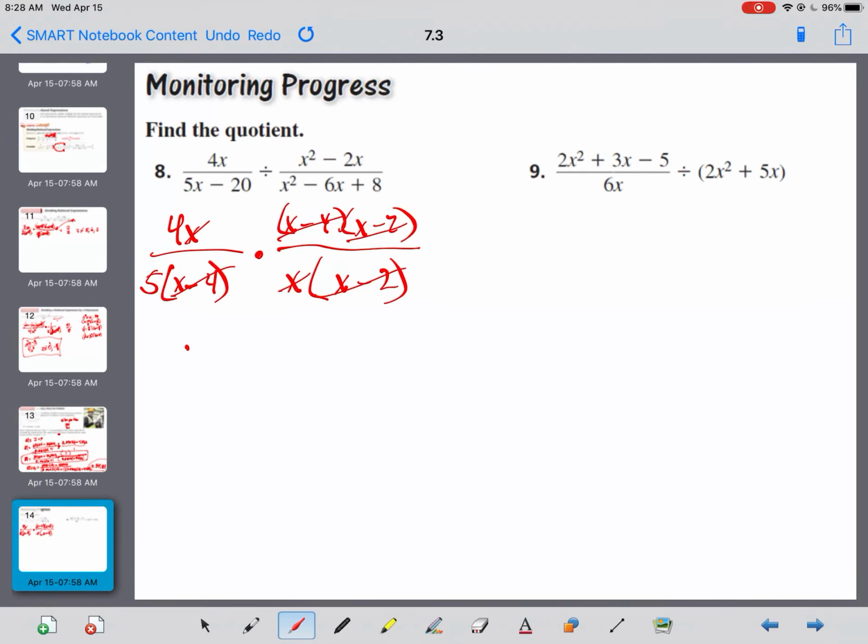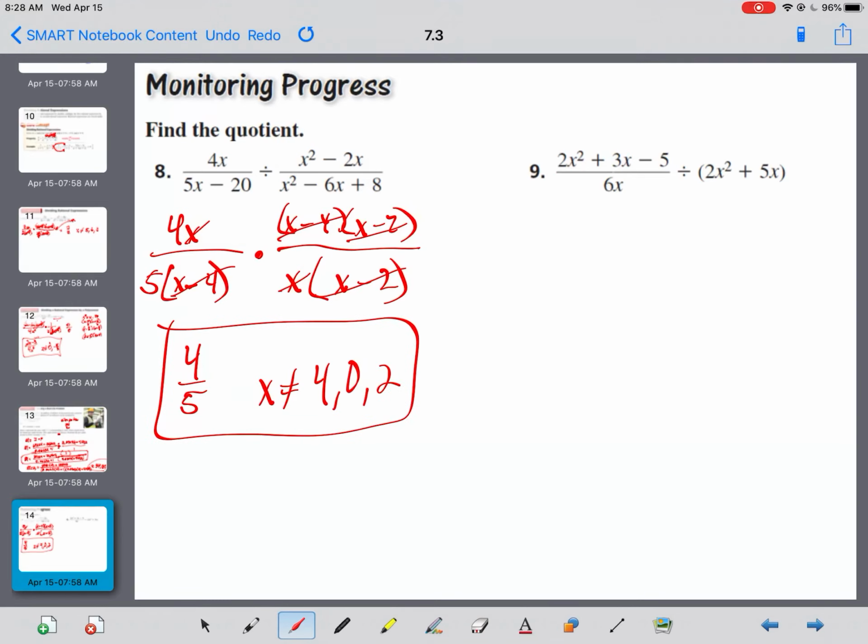On the bottom, x comes out, and you got x minus 2 left over. 4/5. And x cannot be 4, 0, or 2. Looking right here, this is the 0. Opposite to get out, that's the 2. Opposite to get out, that's the 4.